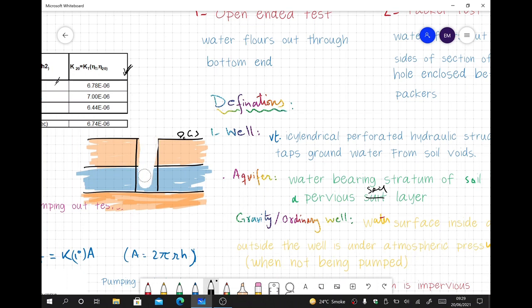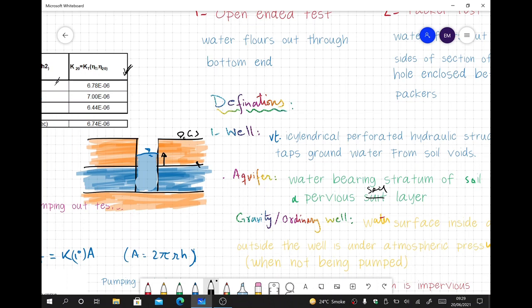In such a situation, what will happen? In the borehole, the water table will be at a higher elevation than the actual water in the ground. So you see here, the water table inside the well is at a higher elevation than the water inside the aquifer layer.